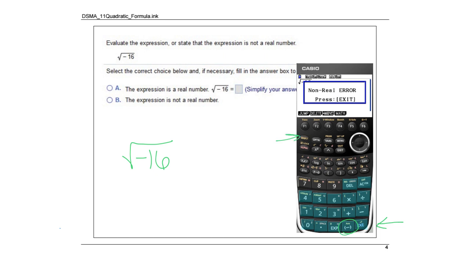And so you would again hit shift x squared and then put your negative 16 underneath. But for this one, we're going to say it's not a real number. That's because we do not have a number that we can multiply times itself and get to negative 16 if we're staying in the real numbers. So that is a true statement that the expression is not a real number.